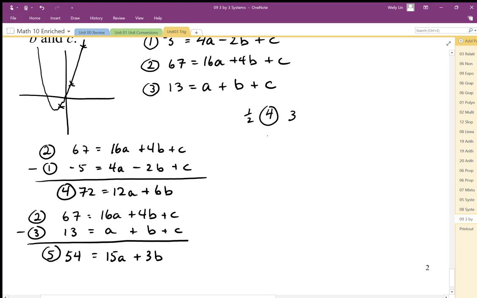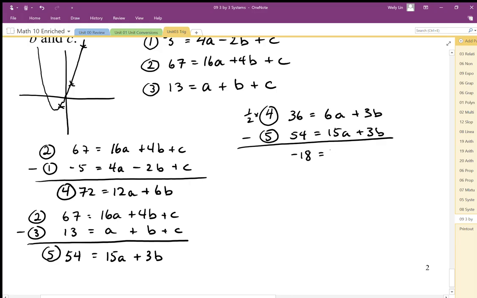So I end up with 36 equals 6a plus 3b, and then I have my 3b's match up, and I can just subtract this from equation 5. The 3b's will cancel out. This is going to end up being 18 equals 9a, dividing, I'm going to end up with a equals positive 2.